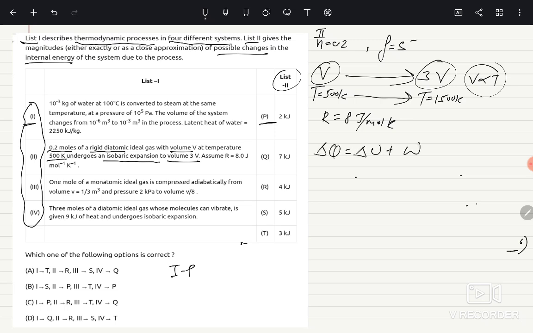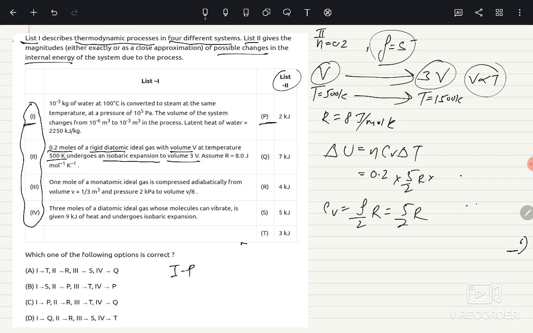Delta Q equals n Cp delta T because it is a constant pressure isobaric expansion, but if we know Cv, we can calculate delta U directly from n Cv delta T. n is 0.2, and Cv we calculate from the degree of freedom: F by 2 R, so 5 by 2 R. Delta T is 1500 minus 500, so 1000.